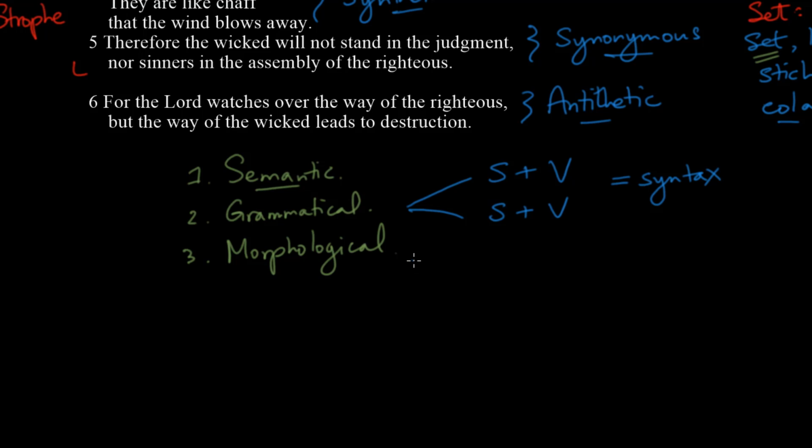And then finally, morphological parallelism has to do with the formation of words. If we have, for instance, a singular noun like warrior in one line, and then in the next line we have a plural noun, okay, which could be again warrior, but now with an S, or it could be army, right?